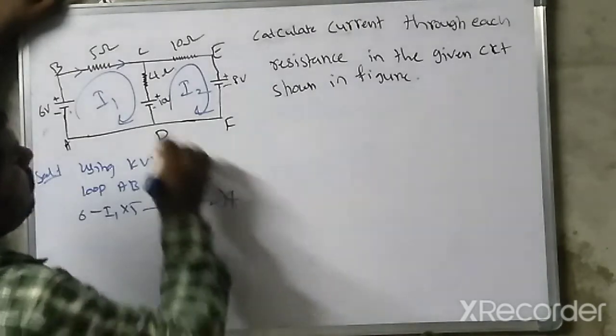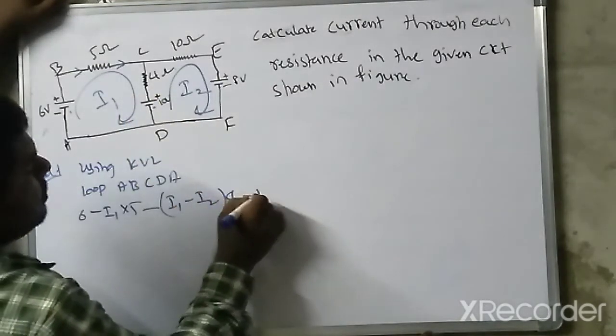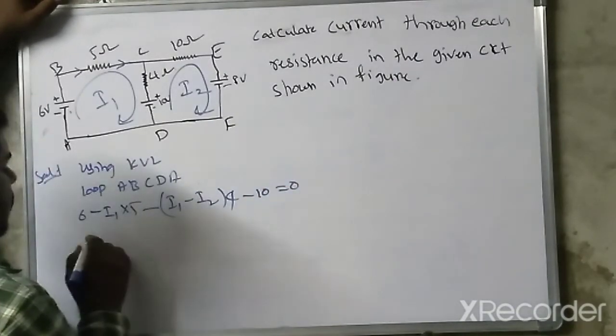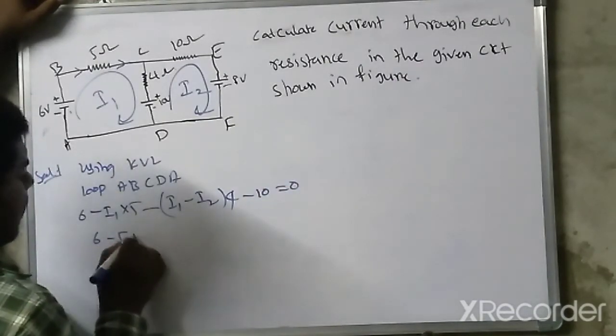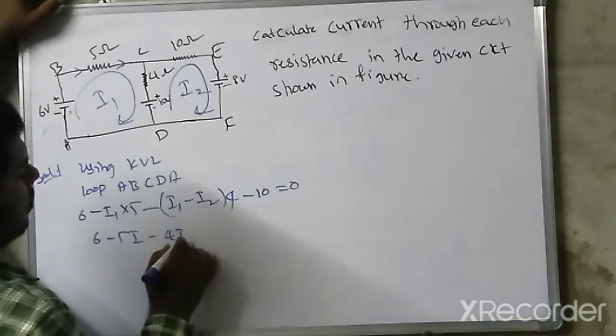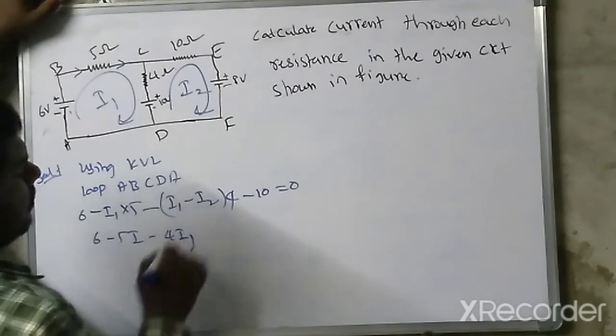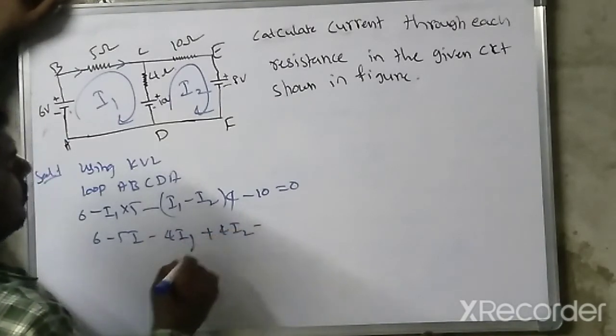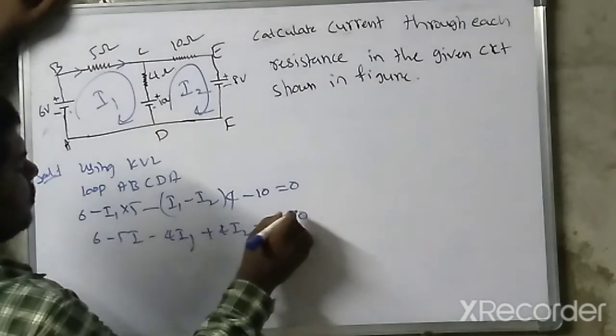Then going higher to lower, minus 10, should be equal to 0. This is the first equation. From this: 6 minus 5 I1 minus 4 I1 minus, it is minus 4 I2, minus 10 is equal to 0.